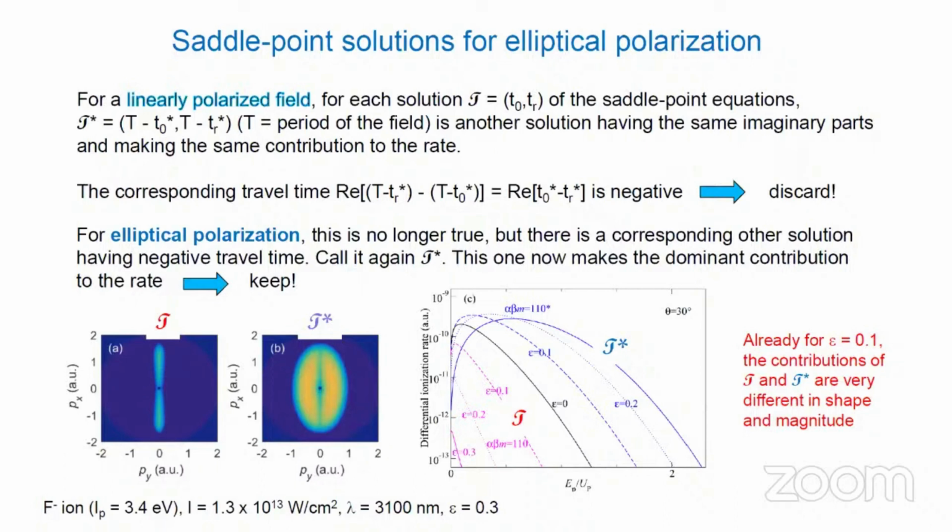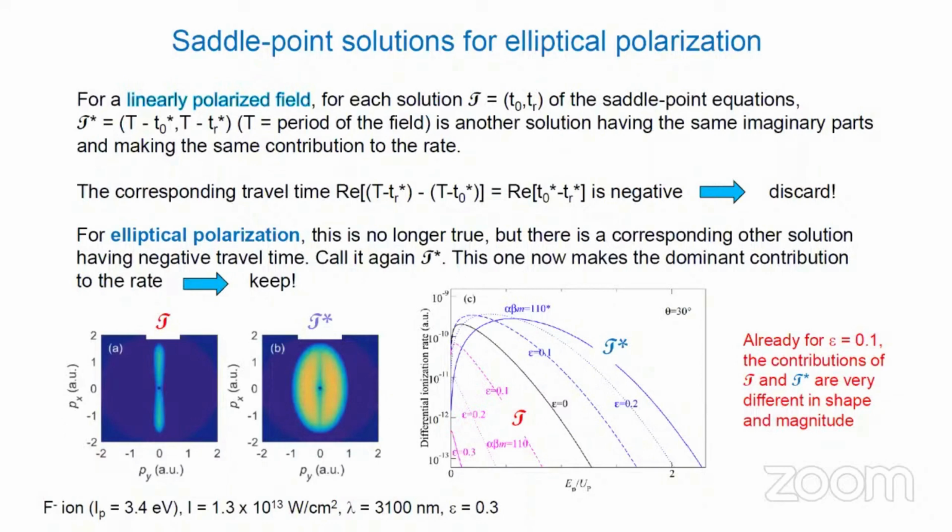And these solutions have the same imaginary parts and give the same contribution to the spectrum. But these solutions have a negative travel time. So we just used to discard them, and got a fairly decent fit of the spectrum.